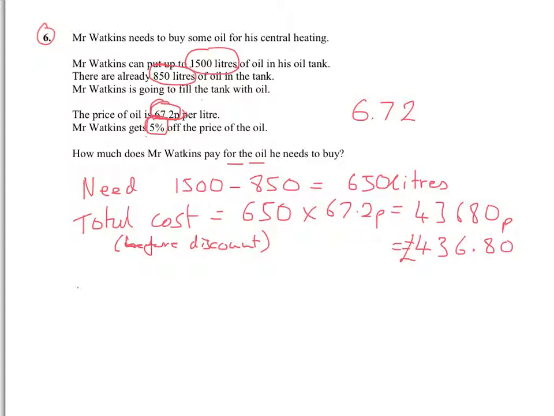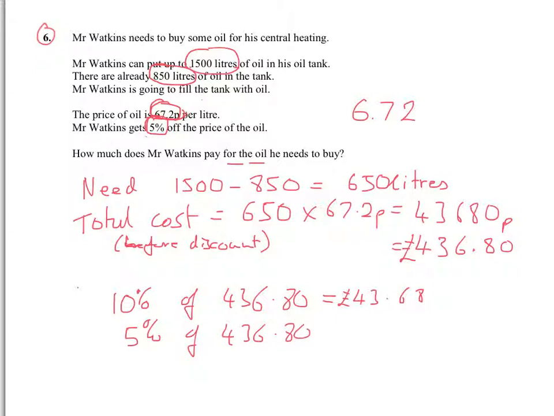The way that we usually do this is we find 10% of £436.80. There are other techniques as well, of course, but this one I think is the one that most people in our class this year are using, so I'm sticking with this. So 10%, we divide by 10. 5% of £436.80 is half of that.